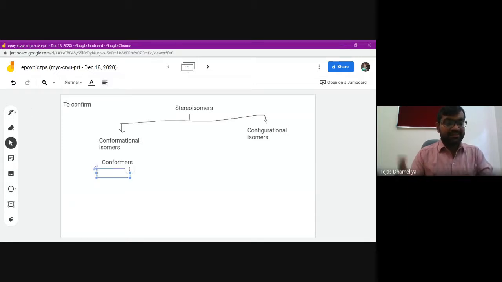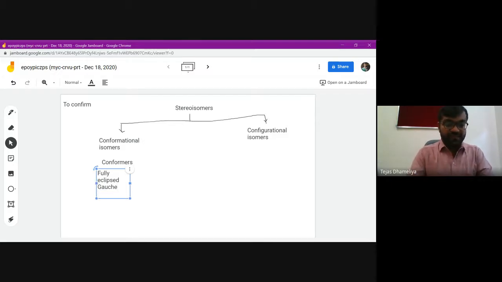For example, it can be gauche, or let us start from fully eclipsed. You might have heard this somewhere previously. So we are continuing that. It may be gauche; we will pronounce it gauche.